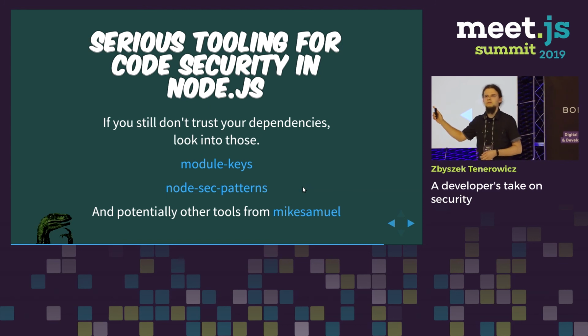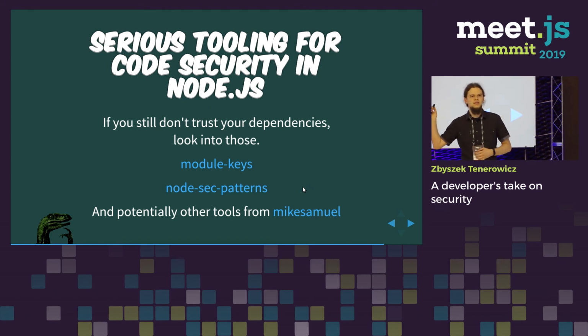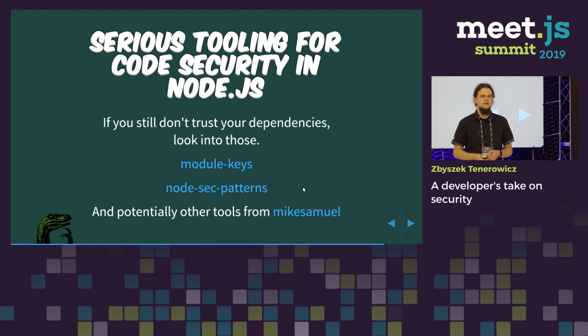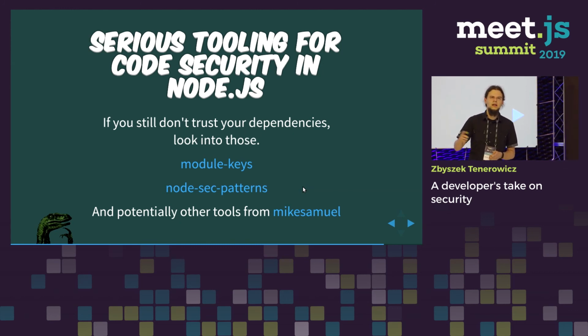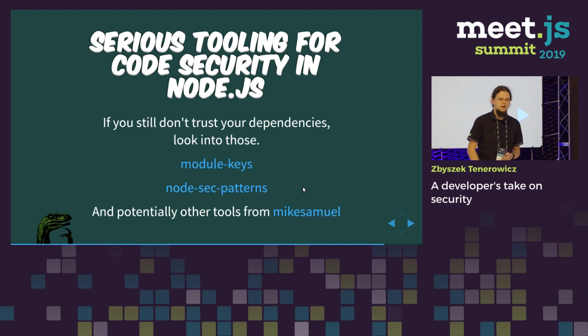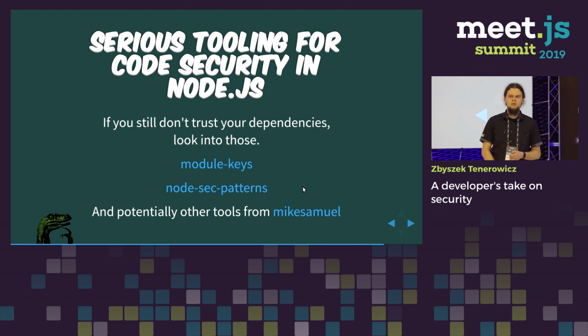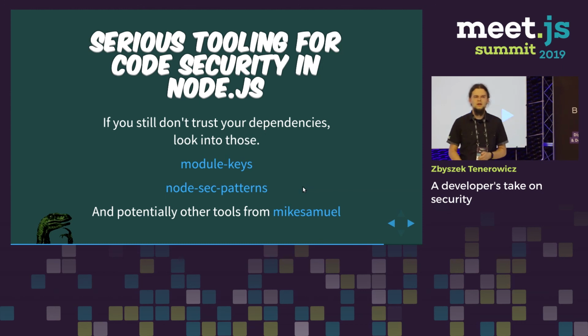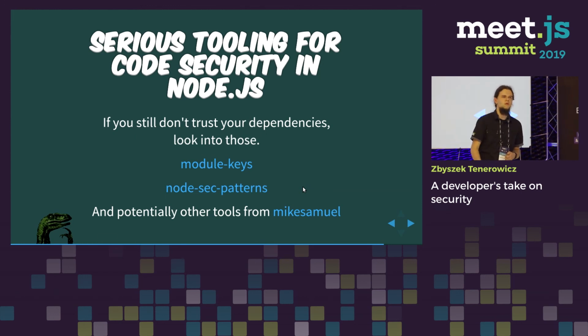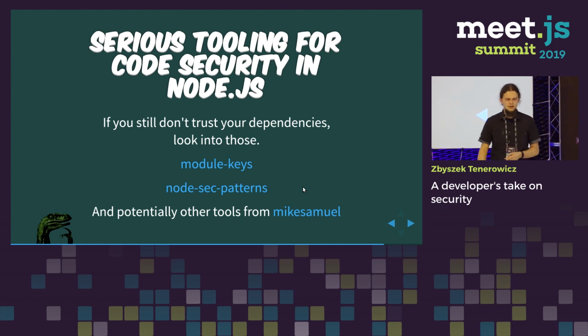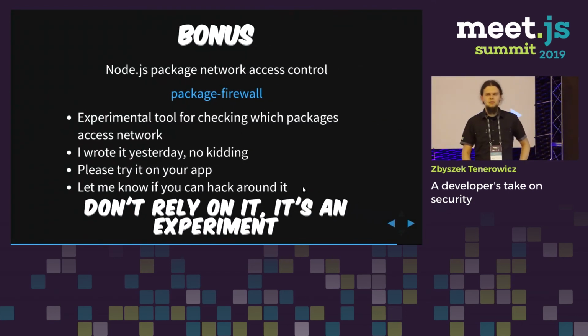Like I don't think anyone uses this at this point. This is early work on doing security with the assumption that your dependencies are evil. And this is work of Mike Samuel, who has a few more things around this topic. It's really deep stuff. It uses asymmetric cryptography for communicating within the same node process between modules. Fun stuff.